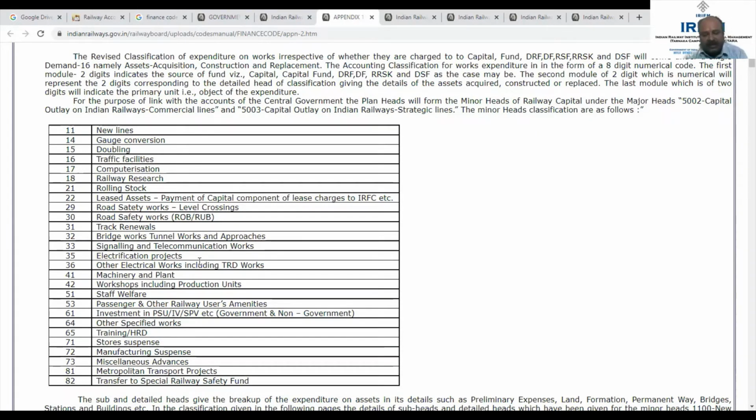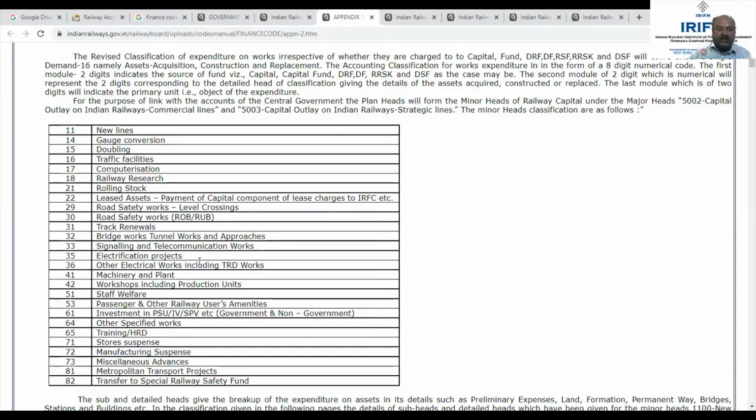All investments in government PSUs or railway PSUs come under 61. Plan head 99, the primary unit, serves the purpose of expenditure not covered under any other PU. If any work is not classified under any other plan head, we will account it under plan head 64, other specified works.